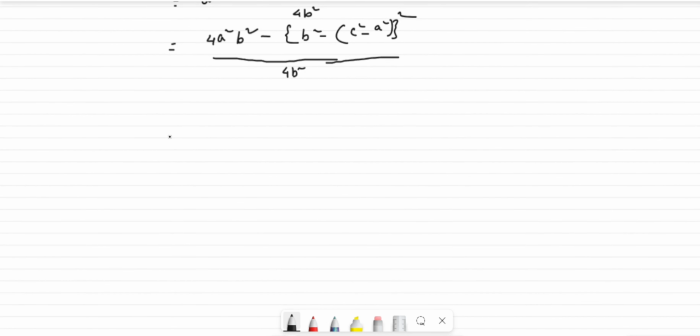Again, it is nothing but 2AB whole square, right? 2AB whole square minus B square minus C square minus A square whole square, right?